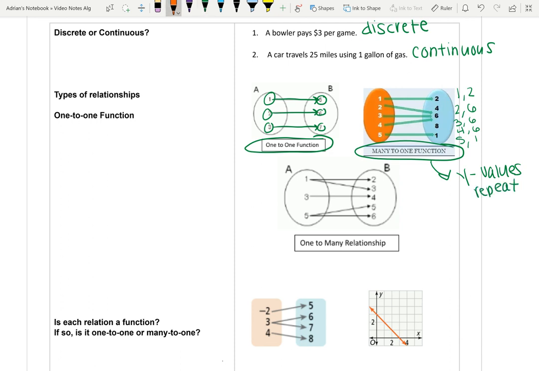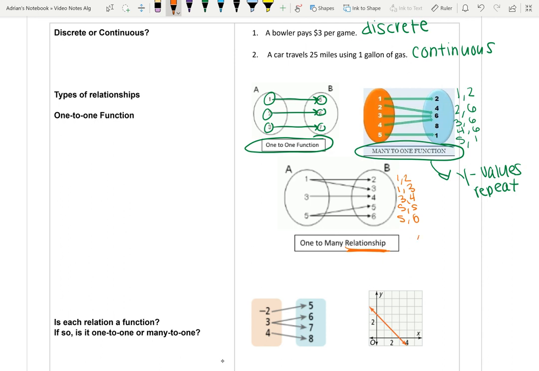However, if my x values repeat, then it's called a relationship and it's no longer a function. So if I look over here, if I were to again write these out like points, this would be 1 to 2, 1 to 3. And then 3 just goes to 4. And then I have 5 to 5 and also 5 to 6.